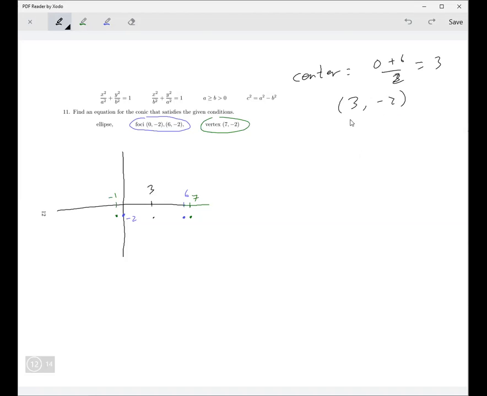Okay, so because of that, our equation is going to be like this: x minus 3 squared plus y plus 2 squared, we're going to be over things. This distance from 3 to 7 is 4, so that will be 16.